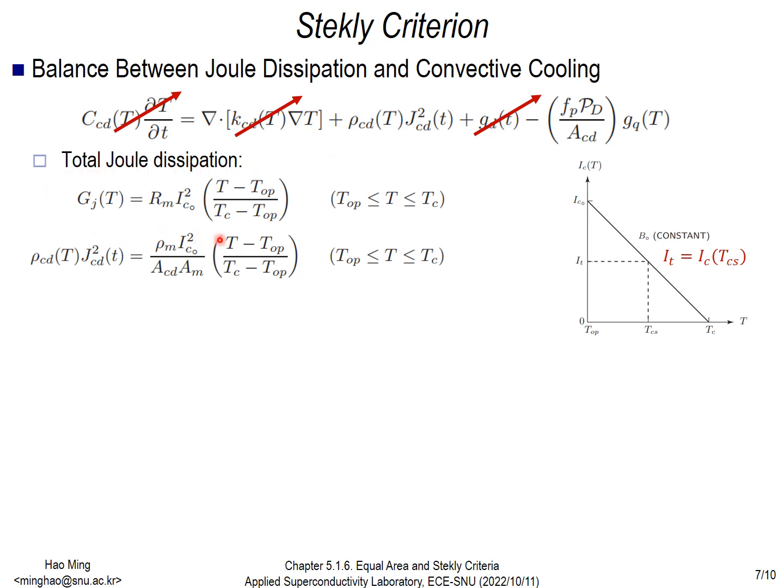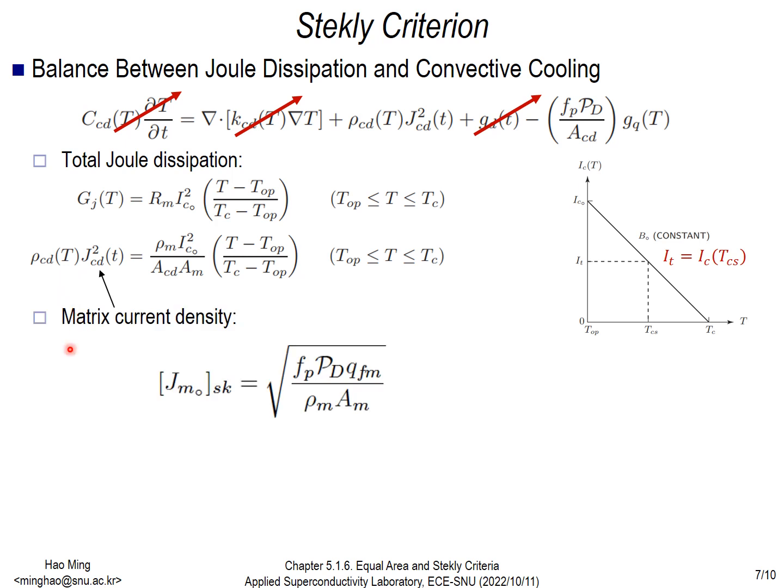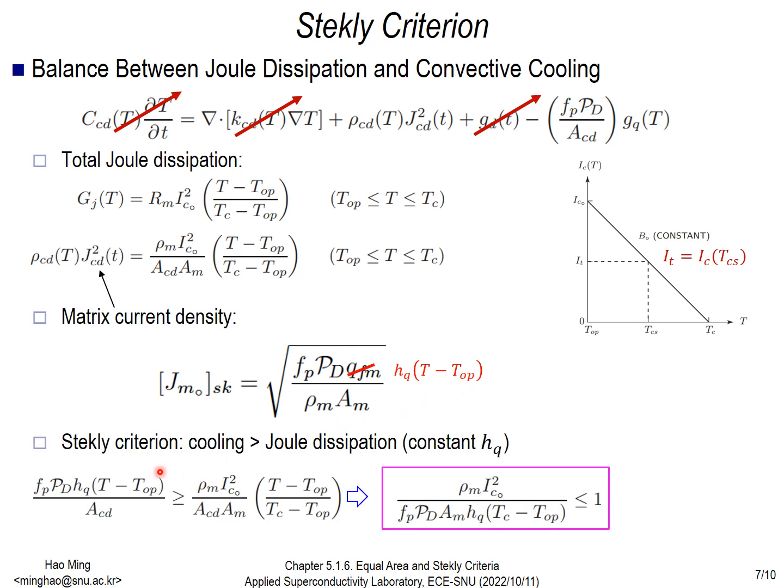Importing the total Joule dissipation formula we derived before, we know that Joule heat can also be calculated by matrix current density. In the calculation formula of matrix current density, the minimum heat flux is equal to the heat transfer coefficient multiplied by the temperature difference. The cooling in the Stekly standard is always greater than the Joule heat, so finally we can get the inequality in the pink box.